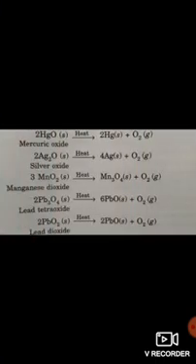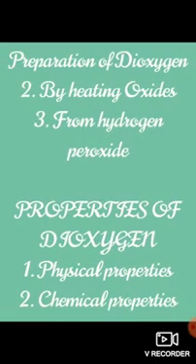And if we talk about industrial preparation, we have two methods: isolation from air and from water. The main sources of industrial preparation of dioxygen are air and water.